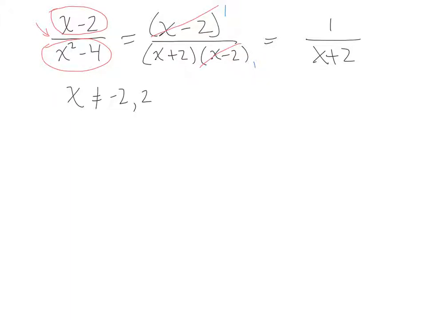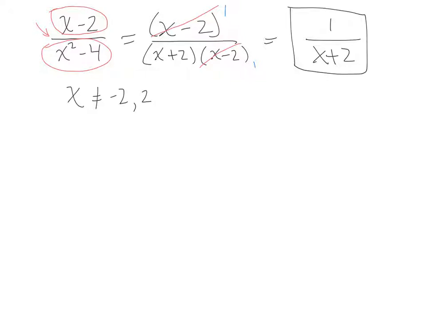Otherwise, this problem doesn't really make any sense. Sometimes this is a focus of the problem, and other times it isn't worth worrying about. It's assumed, and most of the time what you're trying to do is simplify some rational expression to do something further in a problem. But this skill allows us to simplify with the stated assumptions that x doesn't equal negative 2 or positive 2.